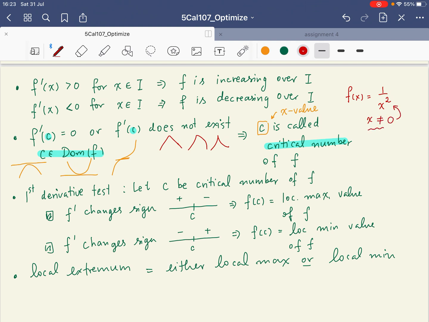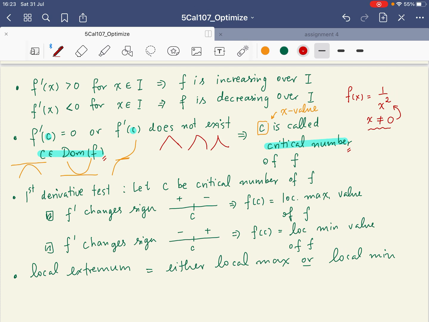So 0 has no chance to be a critical number of that function f. The critical number must be inside the domain of f under consideration.